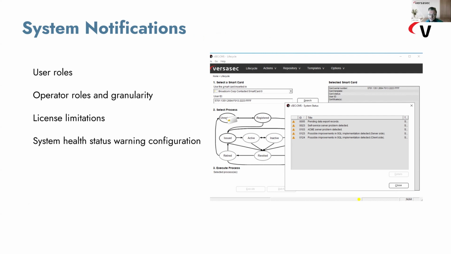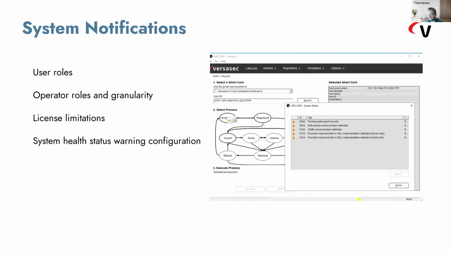System notification. So we have some tailored operator notifications. Now we recognize that not all operators would need access to every system status or notification. So we've made it configurable. And now you can specify which notifications an individual operator or an operator role can view.